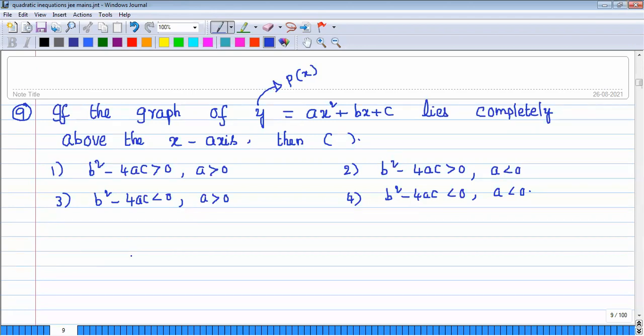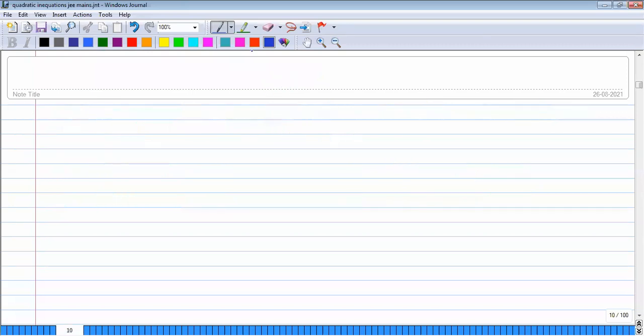Now I will try to draw the graphs of ax square plus bx plus c. The cases will arise like this. I will draw very simple rough diagrams. This is the x-axis, y-axis. If the graph meets the x-axis at two points, say alpha, beta, it has two distinct roots.